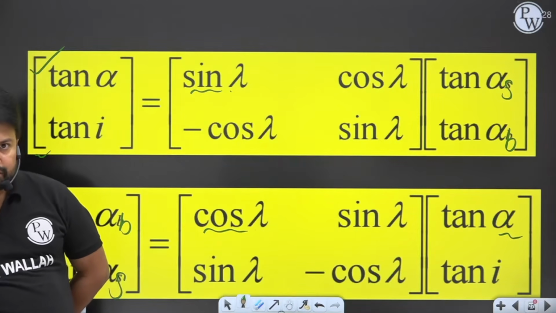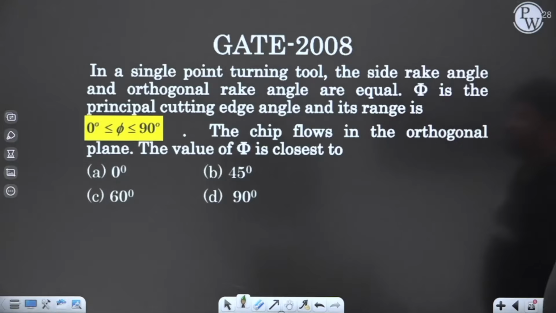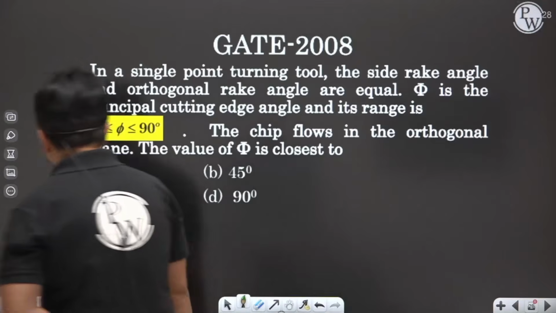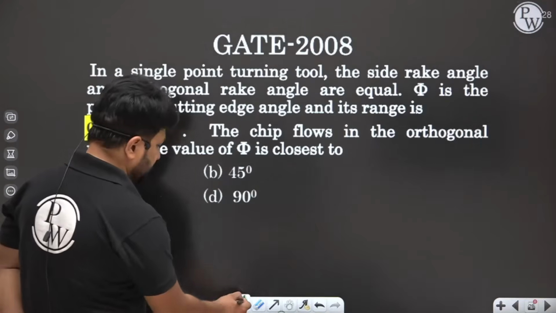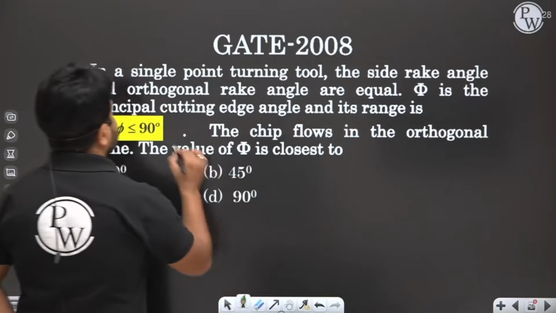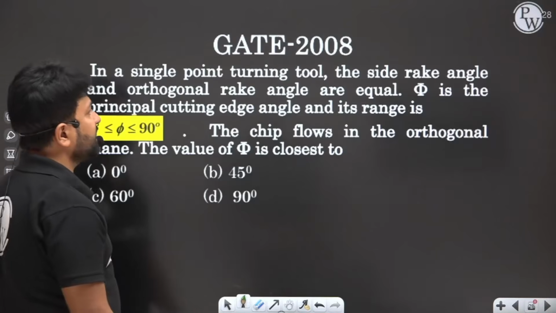Now, let's move on. This is a question which was asked in GATE 2008, purely based on this topic. Let me read it step by step. For a single point turning tool, the side rake angle and orthogonal rake angle are equal.